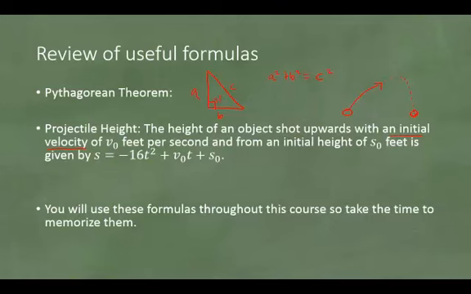The height of the object at any given time can always be found using s equal to negative 16 t squared plus v naught, or our initial velocity, sometimes called v sub 0, times the time, plus s sub 0, which is our initial position. So v sub 0 is initial velocity, s sub 0 is initial height.